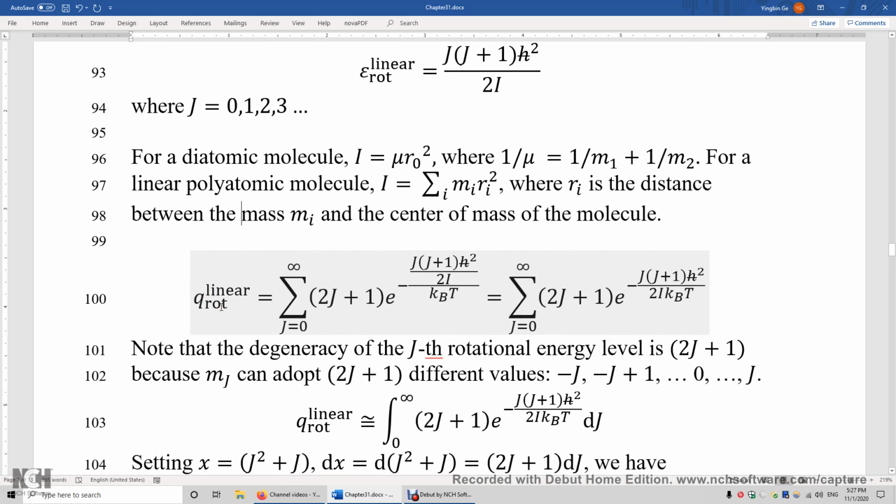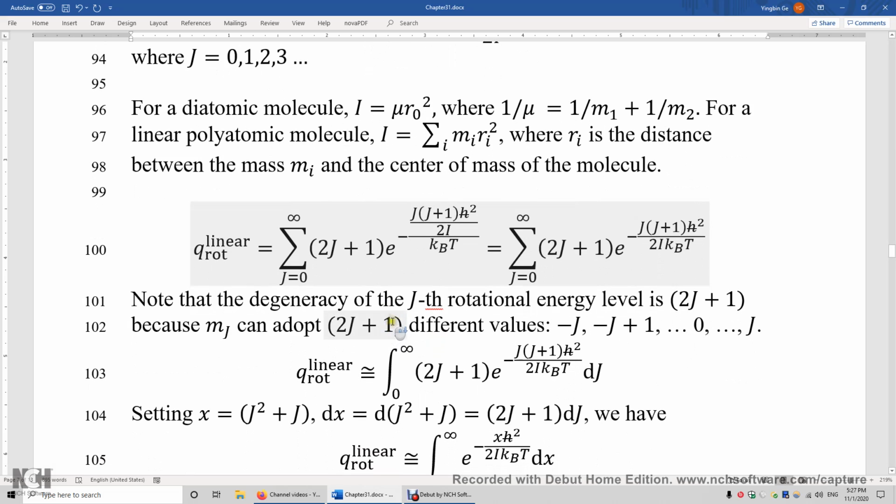The rotational partition function of a linear molecule is this: the sum of (2J plus 1) times e to the power of negative rotational energy over kBT. Why 2J plus 1? This is the degeneracy of the Jth rotational energy level.